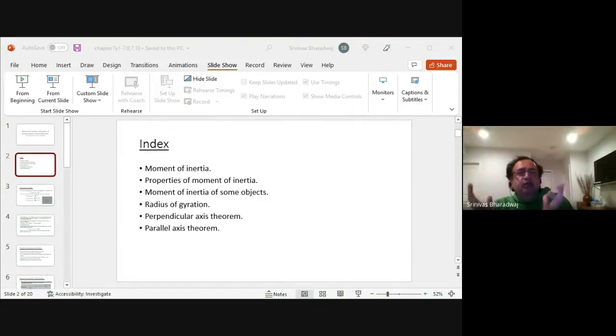So that is the uniform circular disk. Once you learn the uniform circular disk about an axis perpendicular to the plane of the disk, say it's spinning with omega, its angular momentum is MR squared by 2 times omega.